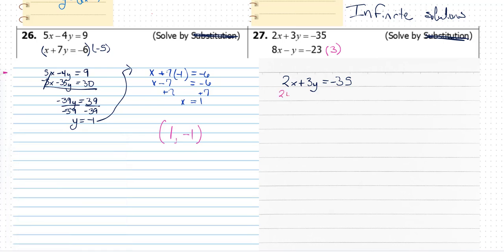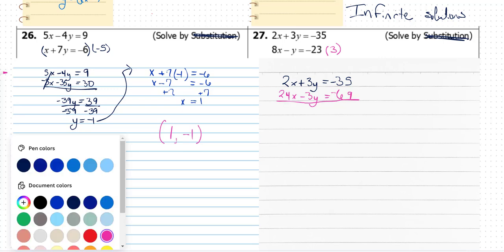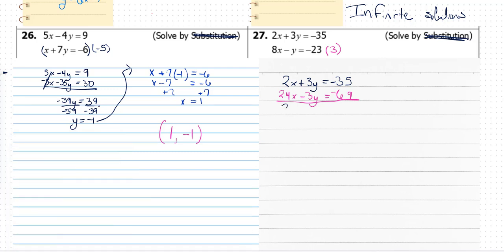So 24x minus 3y is equal to -69. Now I am going to do the arithmetic here, and 2 plus 24 is 26x.